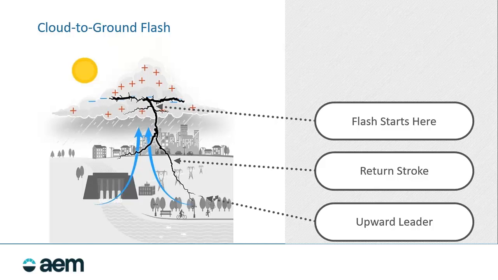What happens is there is an upward leader that's very faint. You probably don't even see it, and it happens in a fraction of a second. That propagates upward from the trees or the tall buildings. Eventually, there's a leader that comes down from that cloud. Once the upward leader meets that downward leader coming from the cloud, you get a return stroke.